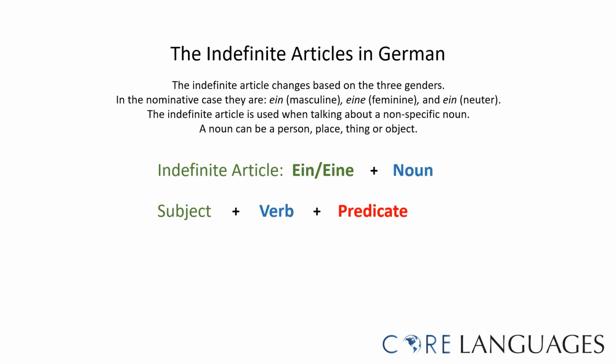The subject would include the article and the noun. For example, ein Mann sitzt im Café. A man sits in the cafe. Mann is a masculine noun, and the indefinite article for masculine nouns is ein.